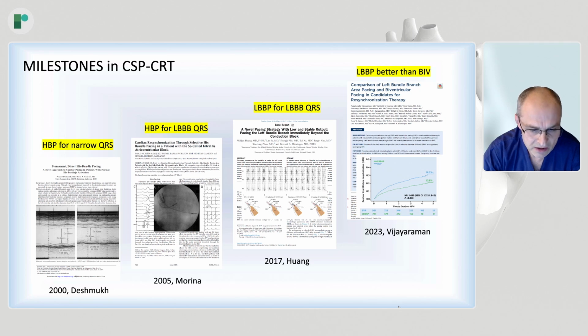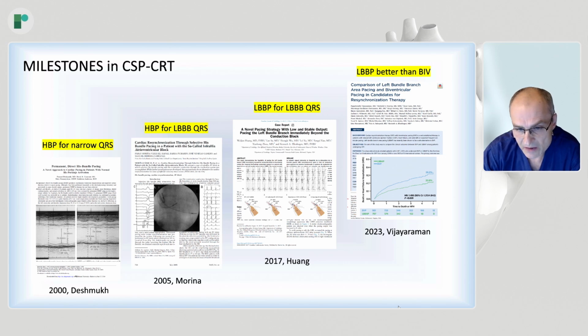Then 5 years later, Morina from Spain used his bundle pacing in a patient with left bundle branch block and showed that we can use the old concept of Narula to correct left bundle branch block and have an excellent form of resynchronization. Then a great milestone was in 2017 when Huang showed that you can do the same with left bundle branch pacing, which seems like a method dedicated to cure left bundle branch block, which in most cases is proximal.